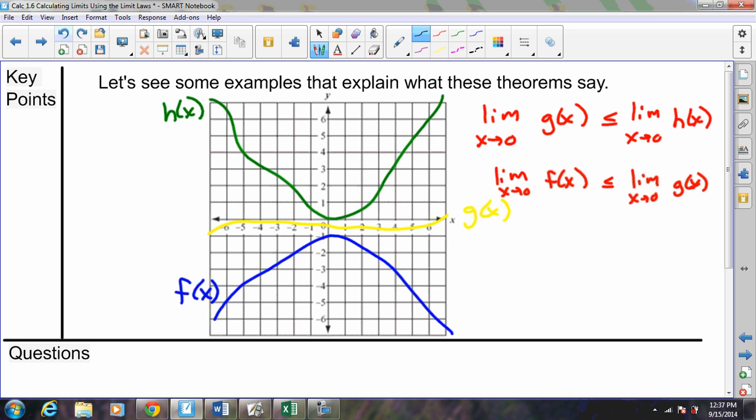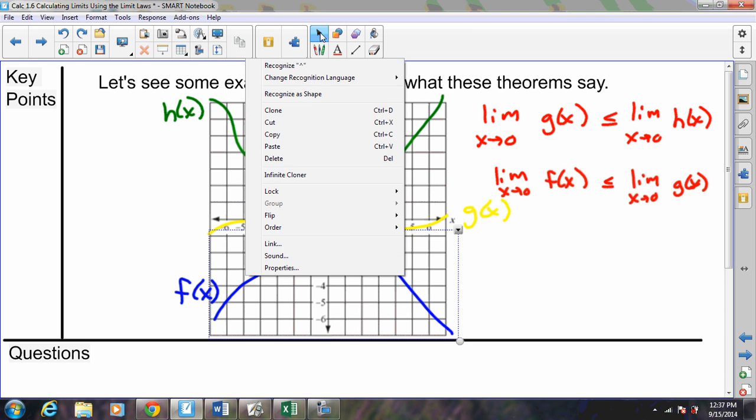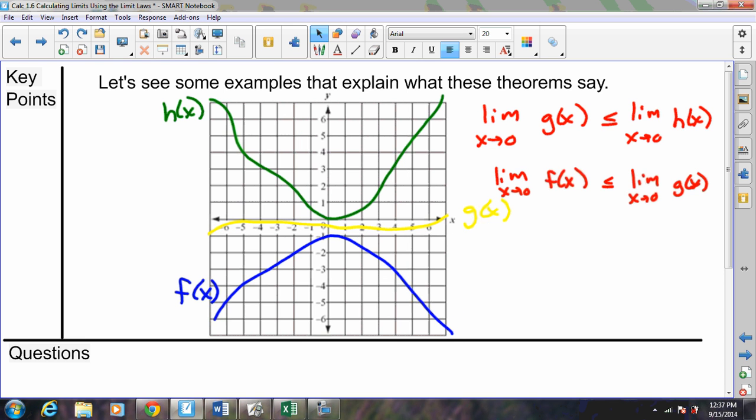The idea behind the squeeze theorem is to say, suppose that this blue one actually didn't stop down here, because right now we can see in between the blue and the green, there's this big gap. What if it wasn't a big gap? What if it actually came and connected like this?